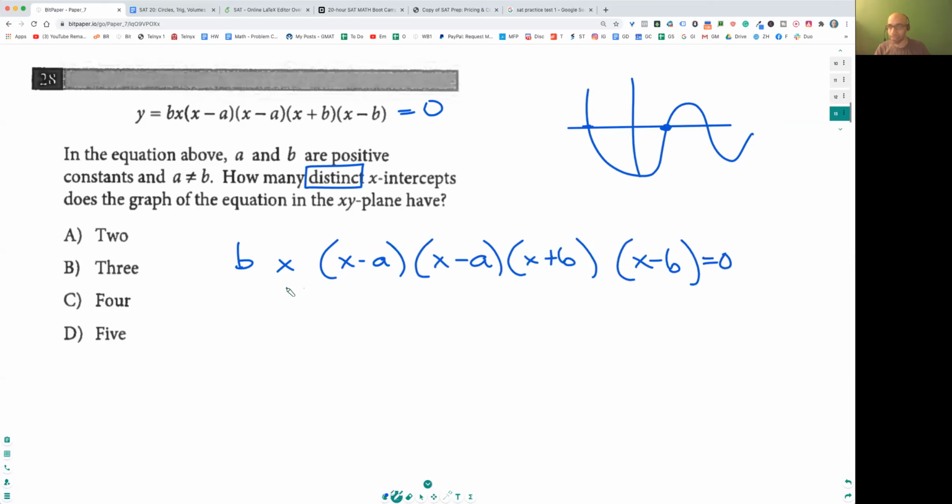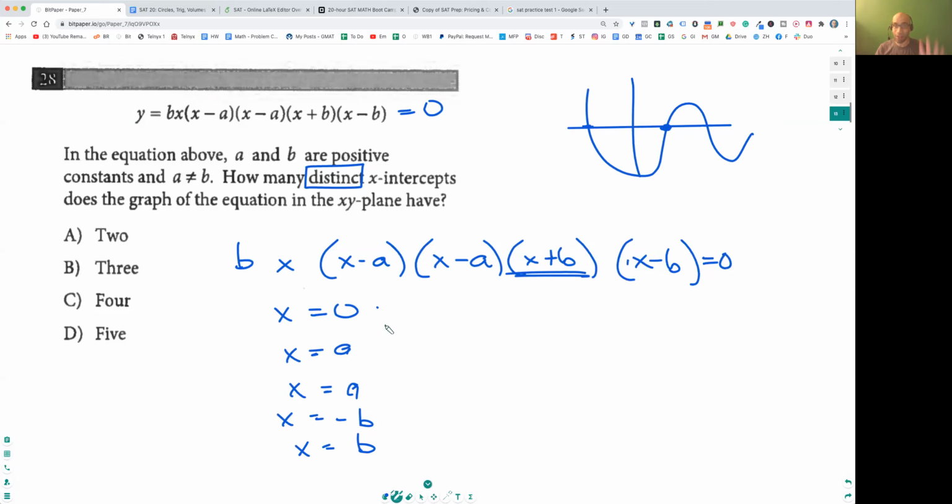Let's find all of these roots. x is equal to 0, that's one. x is equal to a, that's another. x is equal to a, that's another. x is equal to negative b, and the last one is x equal to positive b. Distinct means different.